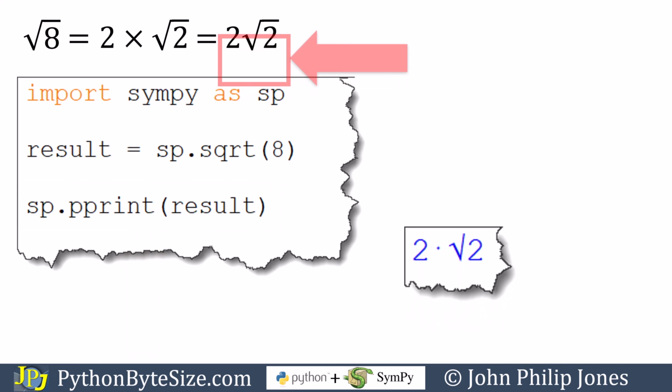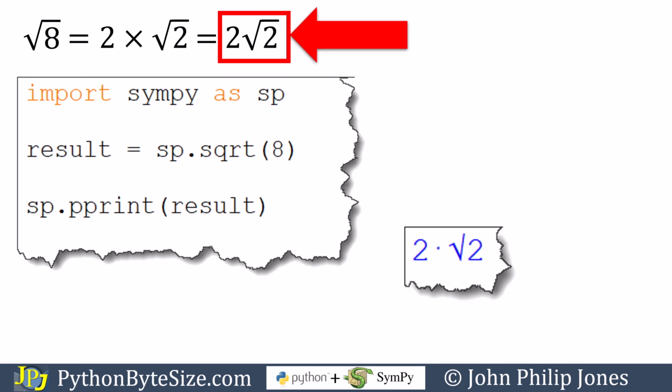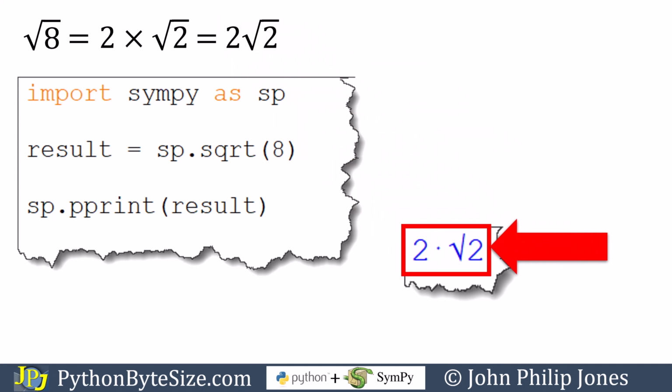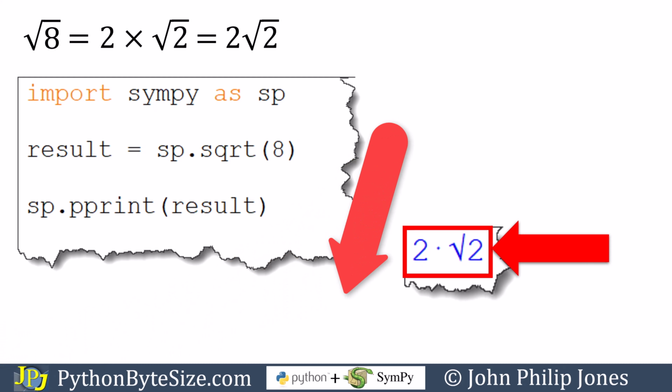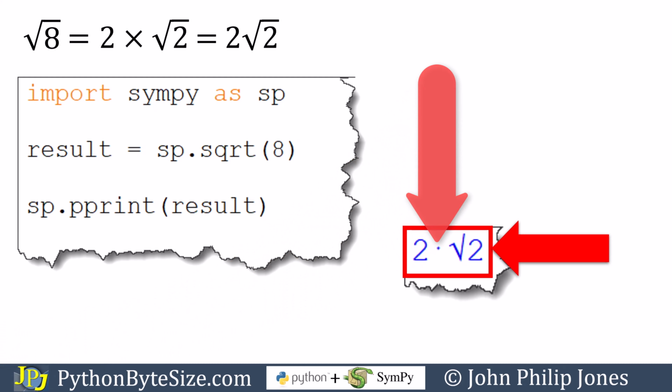Let me draw your attention to this, which is 2√2. The program, where I've altered the way in which the result is printed, gives you this here, 2 dot the square root of 2. The pretty print function of sympy has attempted to make the output look more mathematics-like. It has used this dot to represent multiplication.